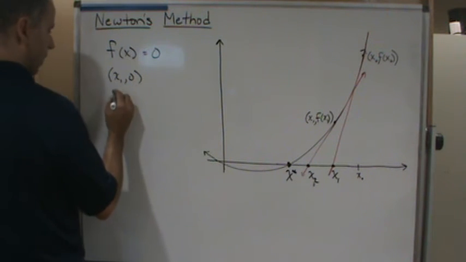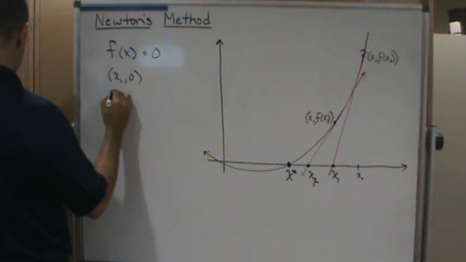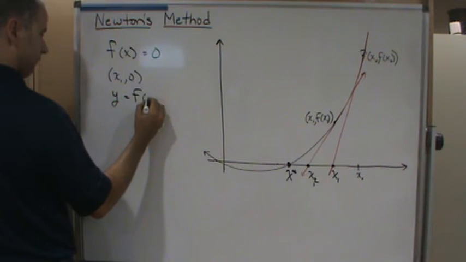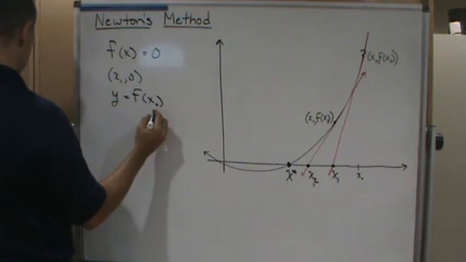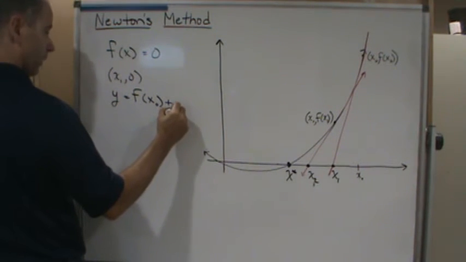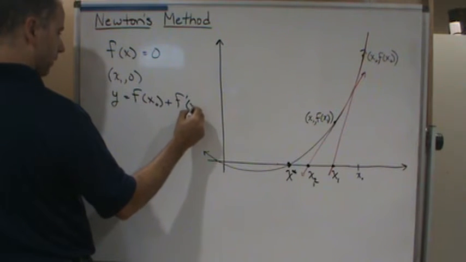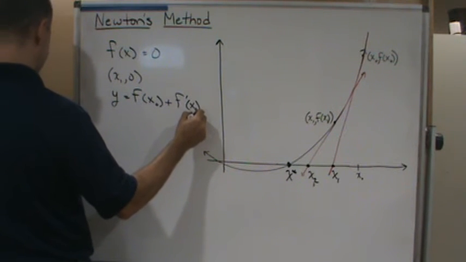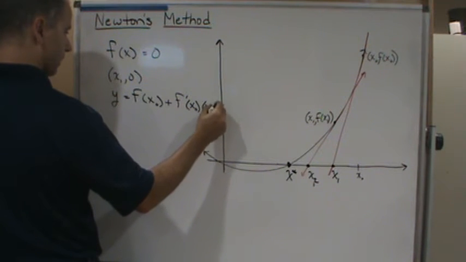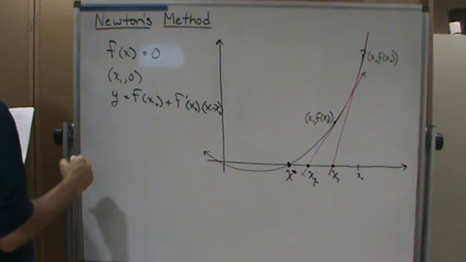So the equation of the tangent line then is going to be this. y equals f of x0 plus f prime of x0 times x minus x0.